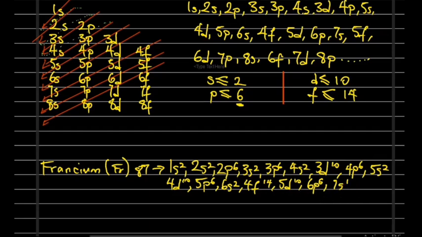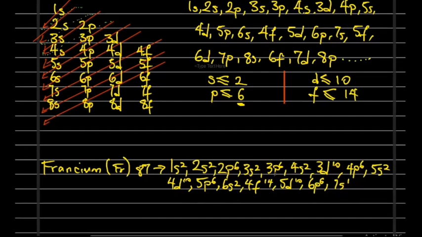So this is the electronic configuration of francium, and since 7s is our highest s orbital, that is what represents our period. So our period is 7, and coincidentally that is our last energy level also.